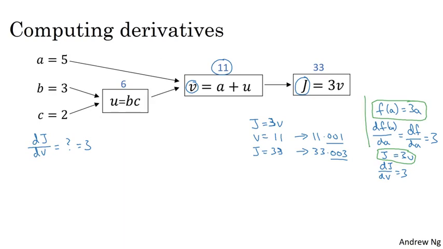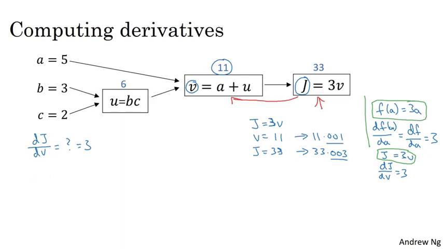So in the terminology of backpropagation, what we're seeing is that if you want to compute the derivative of this final output variable, which usually is the variable you care most about, with respect to v, then we've done one step of backpropagation. So we've gone one step backwards in this graph.